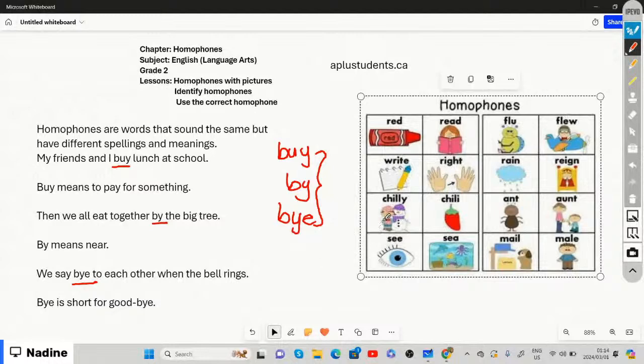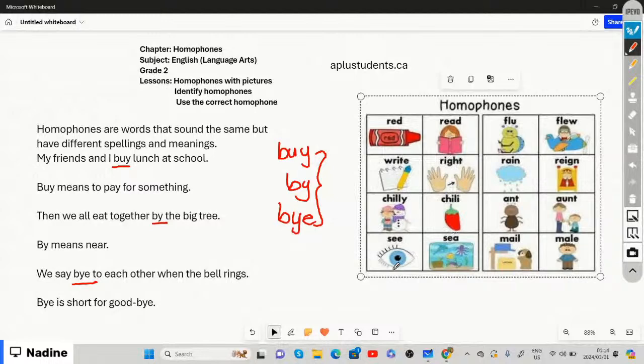Then we have chilly and chili, right? The first word, chilly, CHILLY, is when you're getting cold, right? So maybe when it's snowing, and you say that you're actually getting cold, you say, oh, it is chilly outside, right? So that is the first word, chilly.